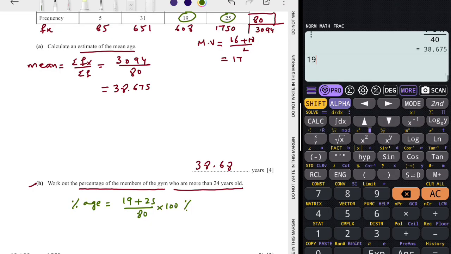So 19 plus 25 is equal to 44, multiplied by 100, divided by 80. So 55% would be the final answer. Next question.